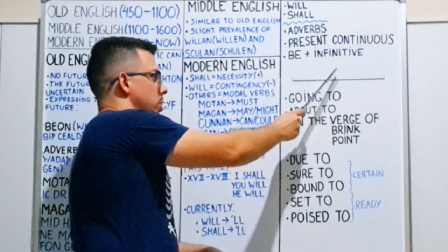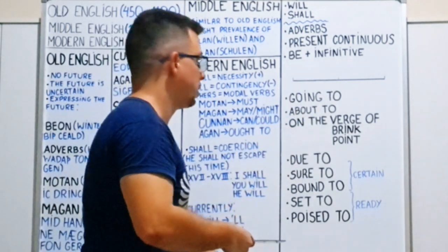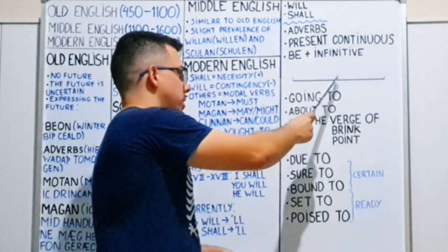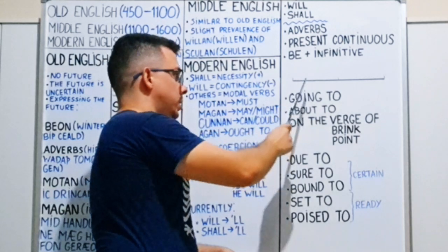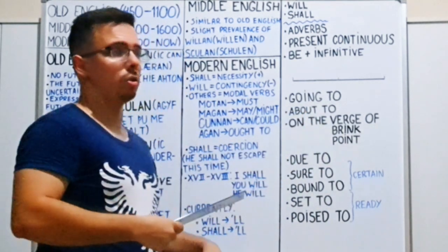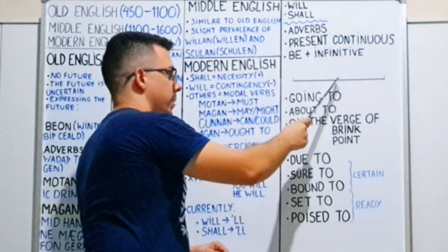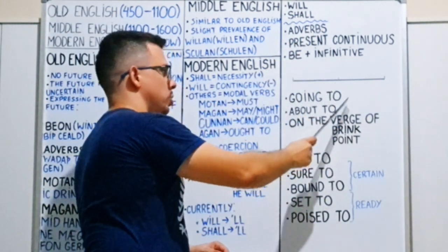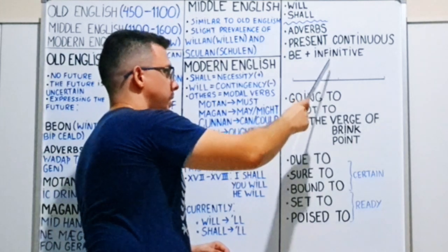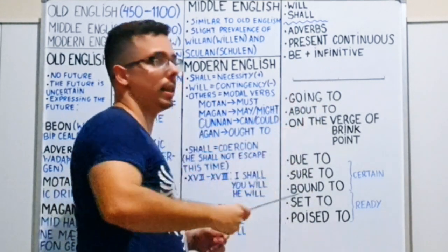Going to, you have decided right before. And present continuous, you decided in the past, you are in the middle of the process. And so some people refer to this difference as will, I have just decided. Going to, I have decided but I haven't planned. And present continuous, I have decided and planned.